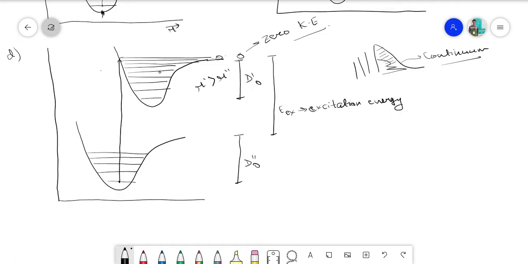Whatever transition occurs here is the point where the molecules are at zero kinetic energy, and any transition occurring above will give the atoms some extra kinetic energy. Kinetic energy is continuous. So the molecule and the atoms are going to show continuous energy change, and it will not be discrete or quantized.